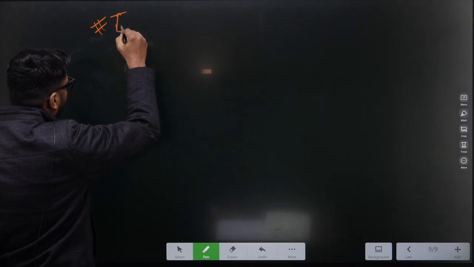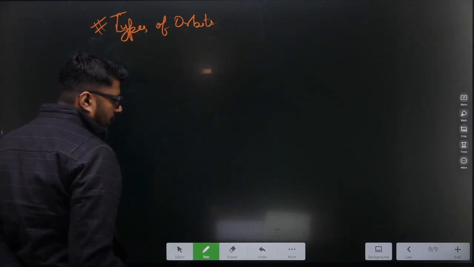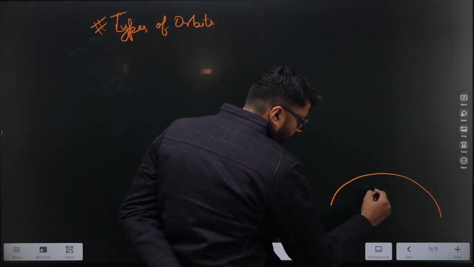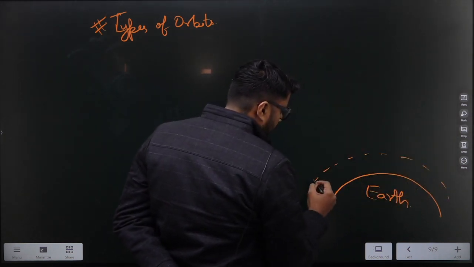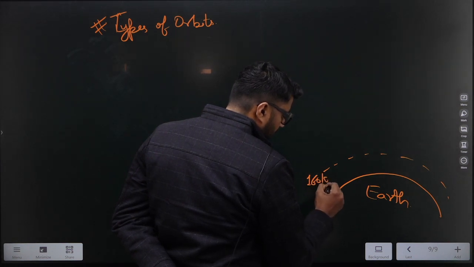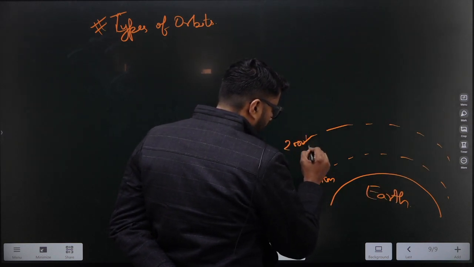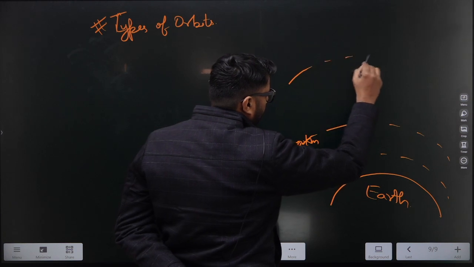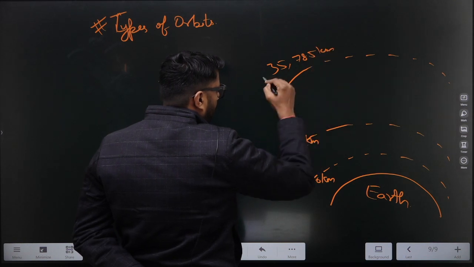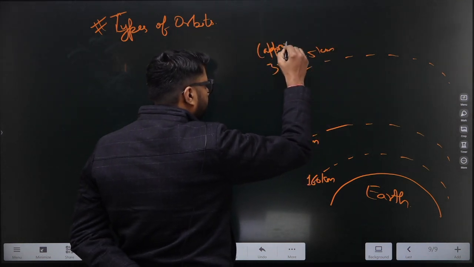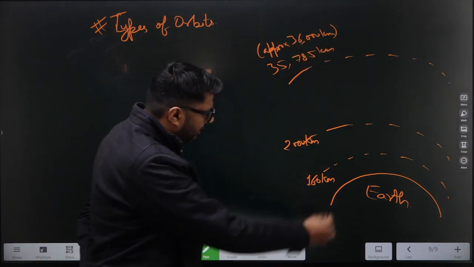Here, this is Earth, and this is space: 160 kilometers to 2000 kilometers, and this is 35785 kilometers, approximately 36 thousand kilometers.